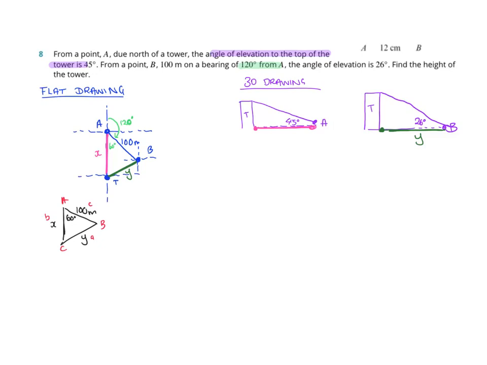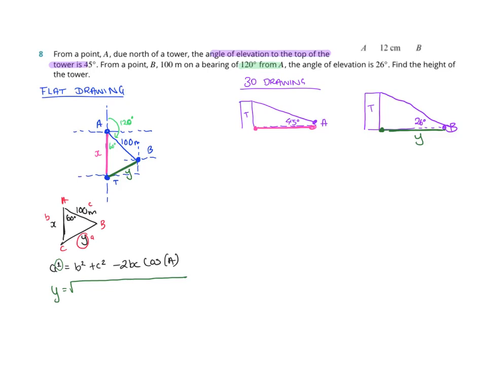Say I was trying to find out what this y is, which is in green, I could use my cosine formula where I say a squared equals b squared plus c squared minus 2bc cos A. I could change it all and make it y, and see how it's squared, so I can just say square root.